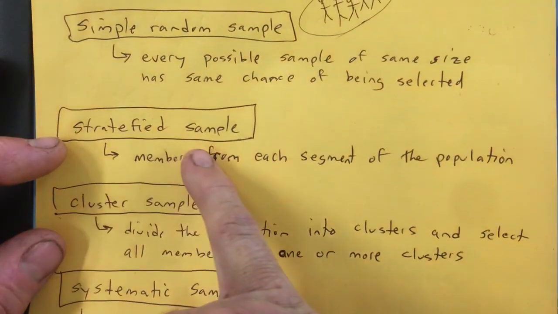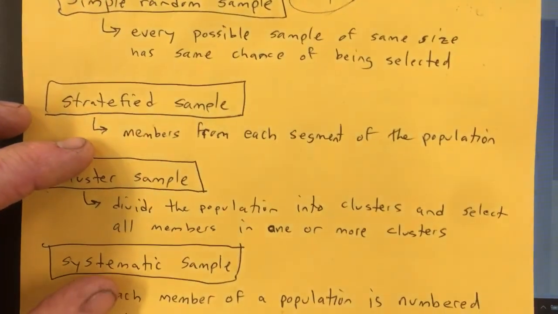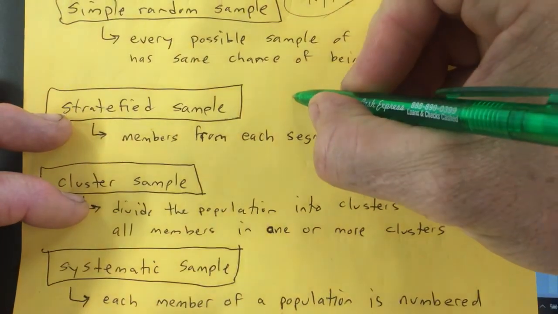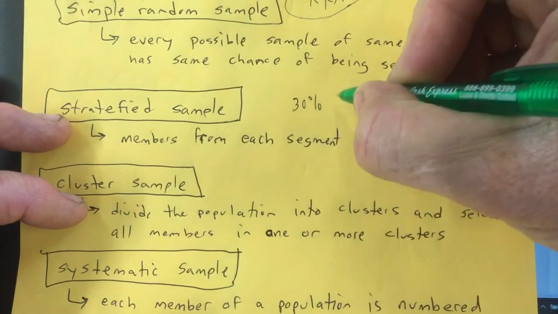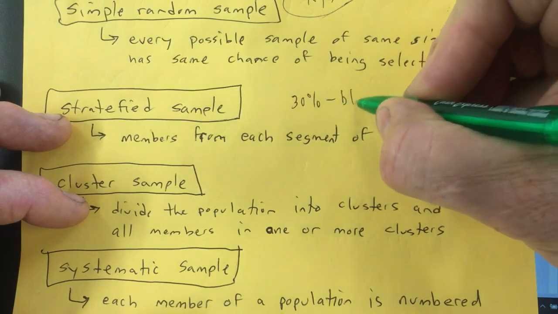Versus a stratified sample. A stratified sample is when members from each segment of the population are involved. So say that 30% of your population is black.